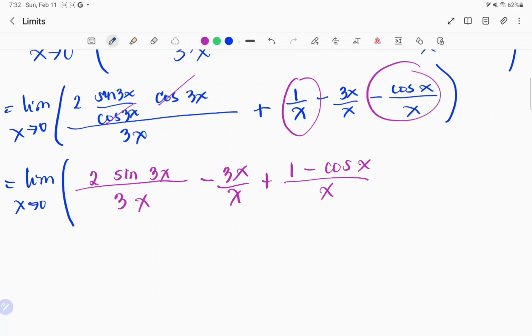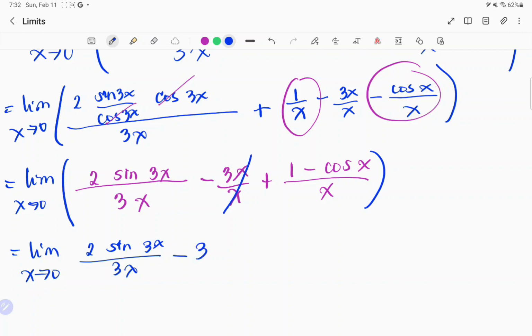Okay, and I believe this whole value here is already equal to 0. So let's further simplify this. It will become the limit of, as x approaches 0, of the function 2 sine 3x over 3x. This is minus 3 and minus 1 plus 1 minus cosine x over x.